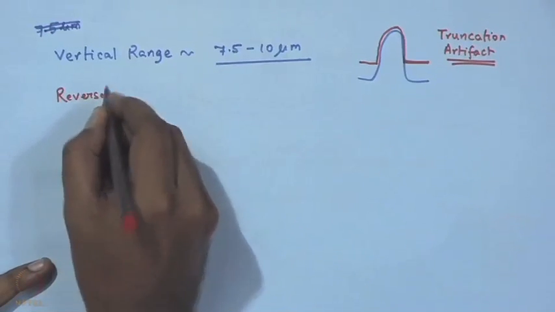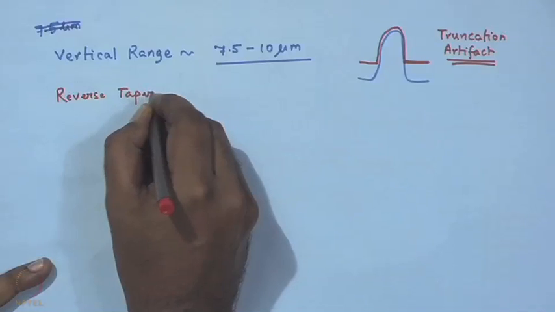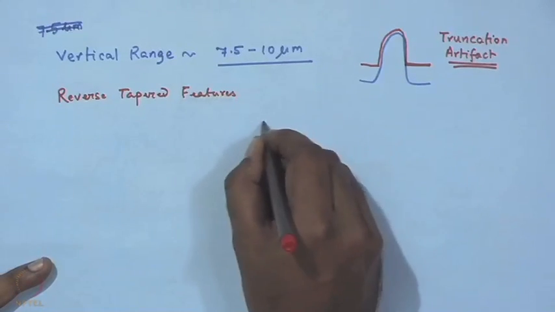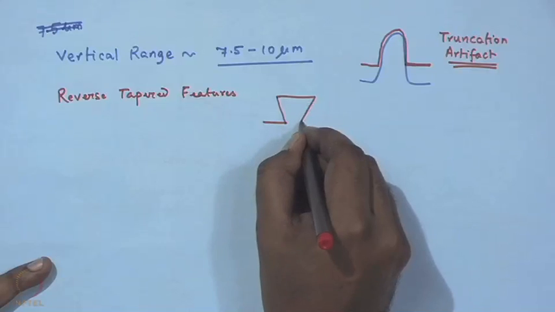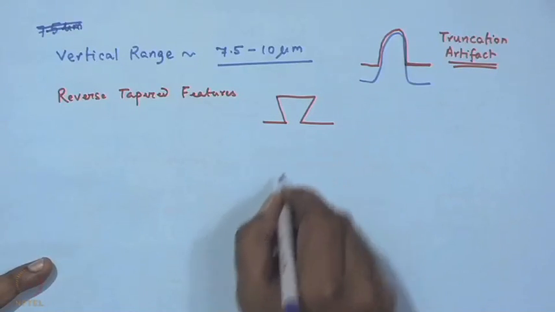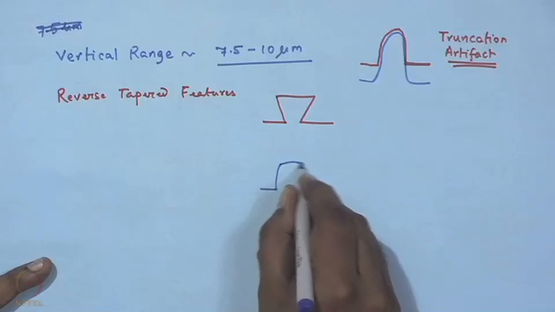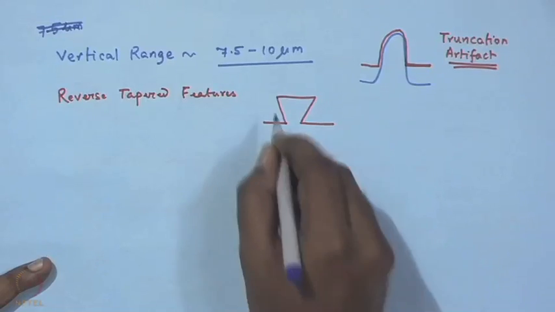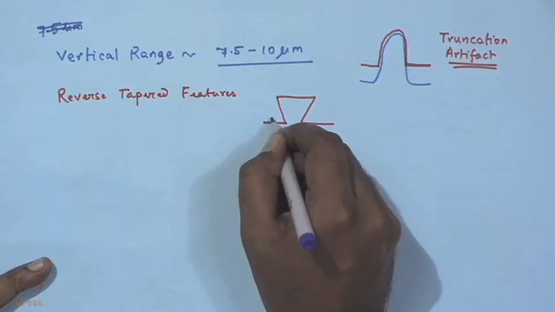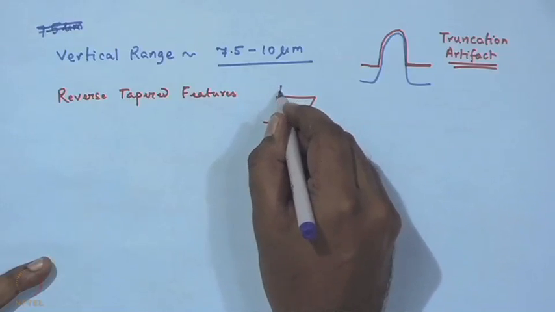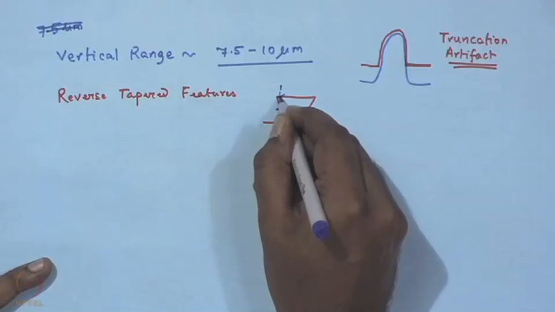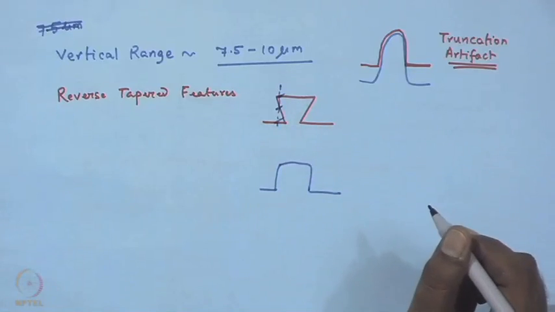So, you have to worry about this, but there is only one type of feature it cannot scan or generate true images for, and that is the reverse tapered features. You need to understand that if you have features which are like this, your AFM will not be able to scan them, and you may want to think about what would be the likely geometry. You will get something like this, because a tip, as it moves from one position to the other, can't pick up 3 different heights of the sample corresponding to one single i and j.